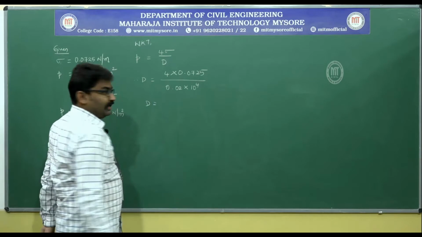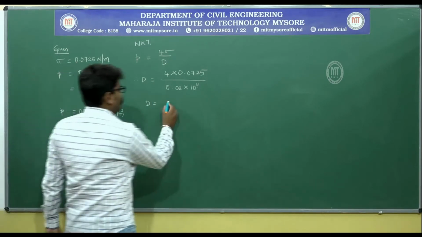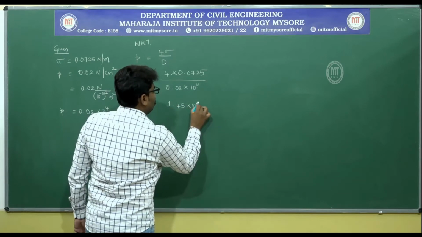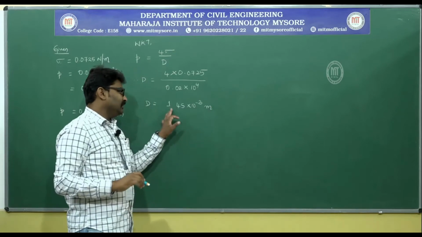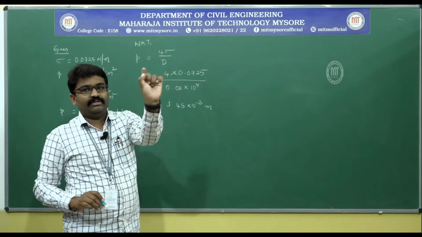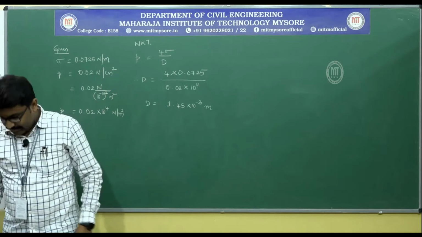Get the calculator and solve it. The answer is 1.45 into 10 power minus 3 meter, or in other words 1.45 millimeter is the size of the droplet. That means only this much, a very small water droplet.